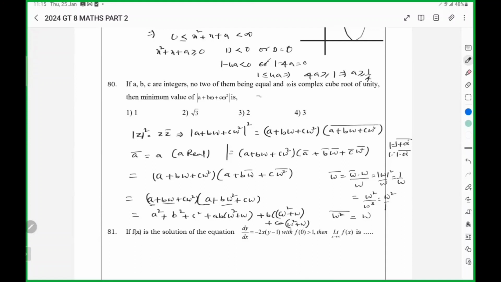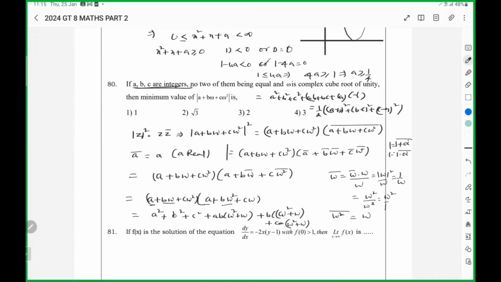So this we can write as a square plus b square plus c square minus ab plus bc plus ca, since omega square plus omega is minus 1, which is half times a minus b whole square plus b minus c whole square plus c minus a whole square.